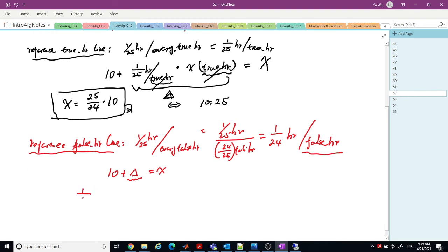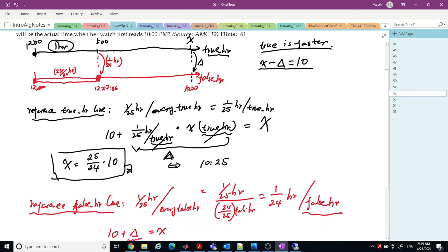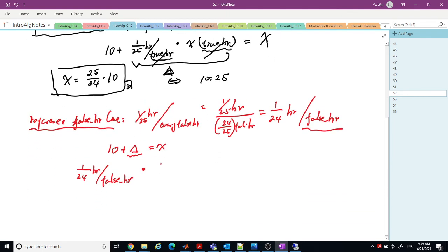So it will be 1/24 hour per 4th hour, times what? Times x, the true hour, or times 10, the 4th hour. I will rewrite both here. We can pick 10 of the 4th hour, or x of the true hour.